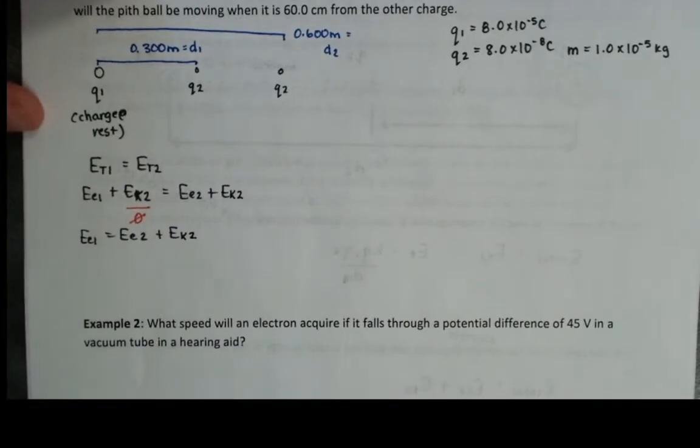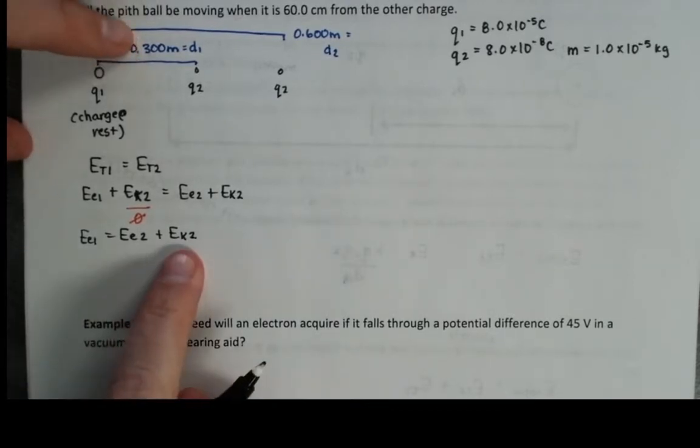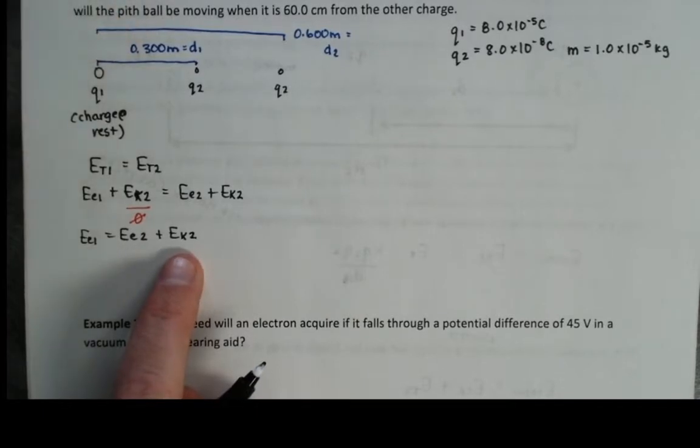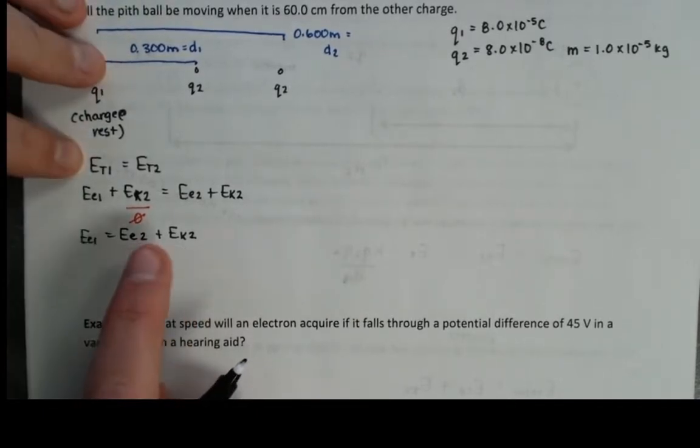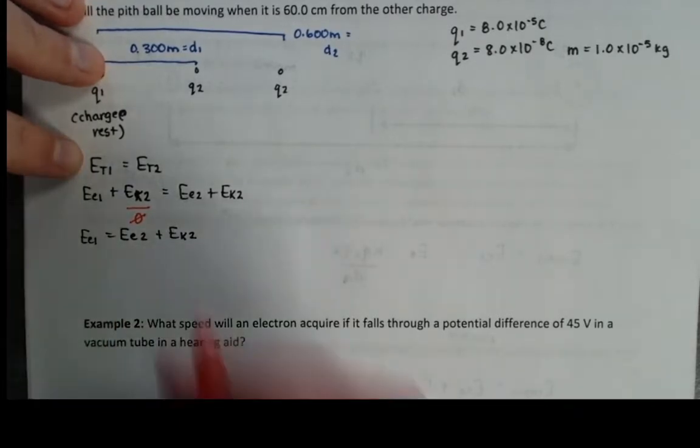On that first page where I'd kind of got EK2 by itself, this is where that's going to come in handy, because we know that kinetic energy has mass and velocity or speed in the equation, and we're going to eventually want to solve for speed. So let's get EK2 by itself.